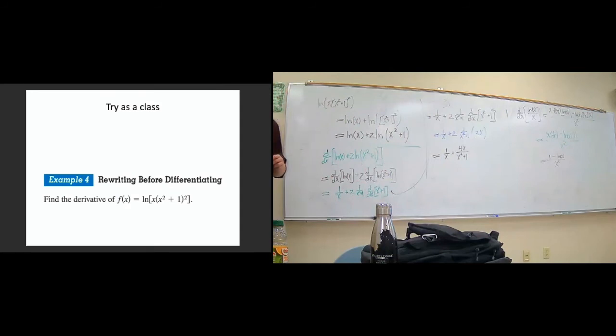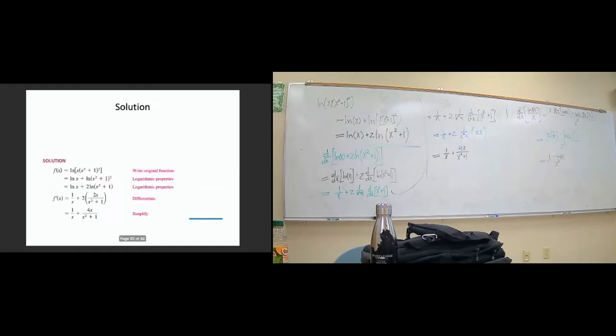Notice we could have done this just by chain rule right here. We would have just had to take the derivative of the inside and multiply it by 1 over all of that, right? When we do that, it'll end up reducing to the same thing we have on the board.